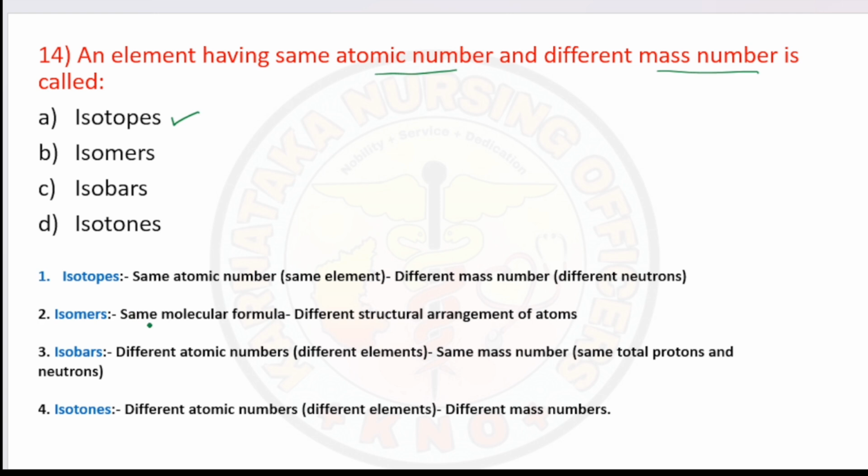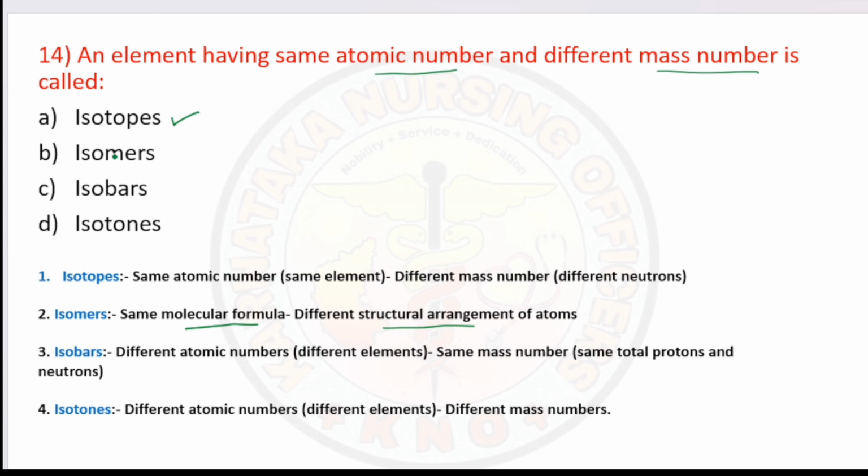Isomers usually represent those having the same molecular formula but different structural arrangement of atoms. Same molecular formula but different structural arrangement. Okay, so it is called isomers.